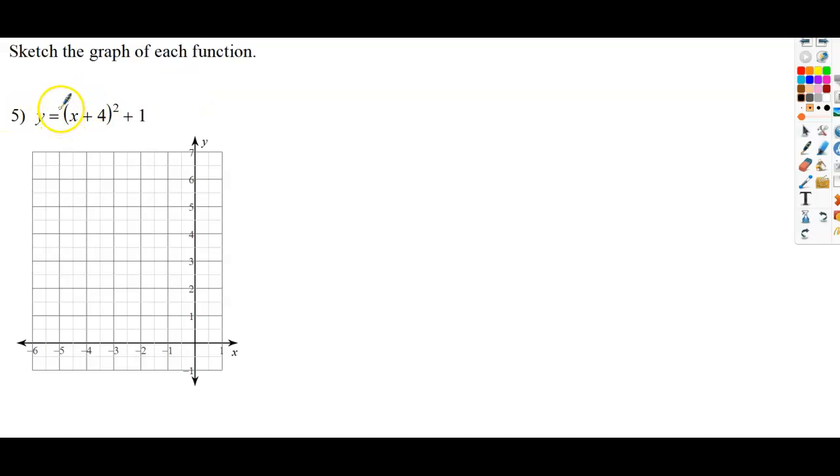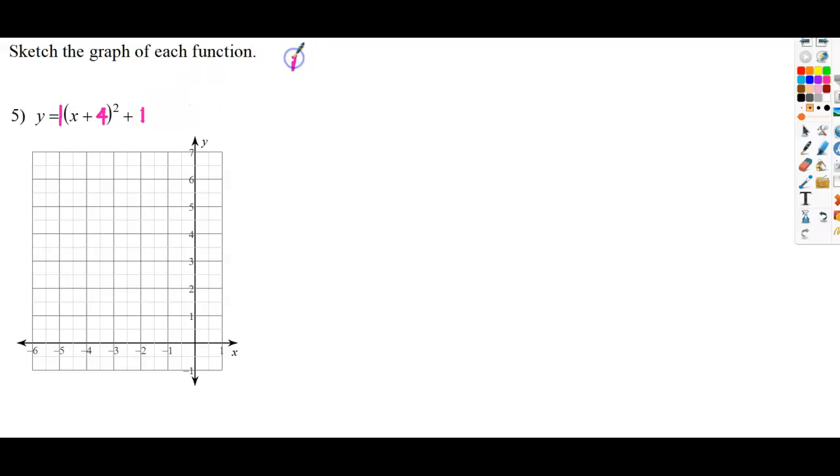All right, so there are 3 important numbers we want to pay attention to. One of them is the number that's in front of the parentheses. Now in this case there isn't one, but if there is no number there, we can assume it's a 1. The other 2 numbers that are important are this 4 and this 1 here, okay? Now, if either one of these numbers are ever missing, then we can assume that they are 0.